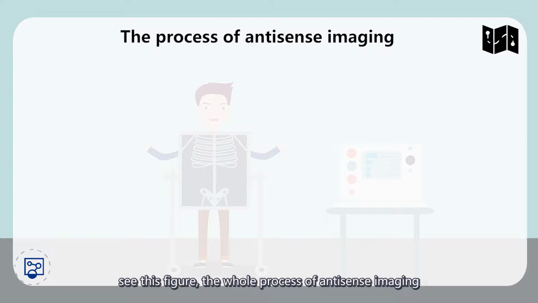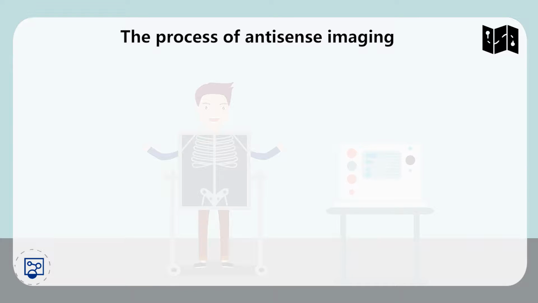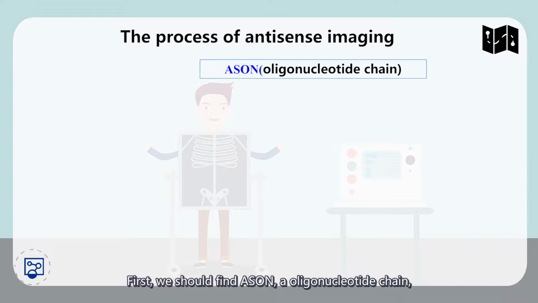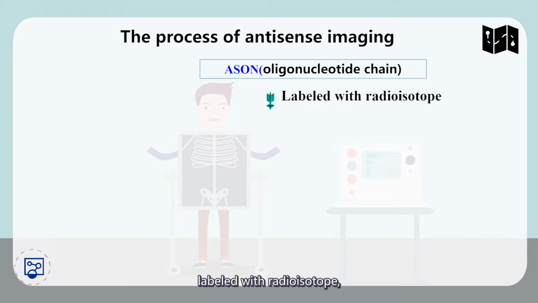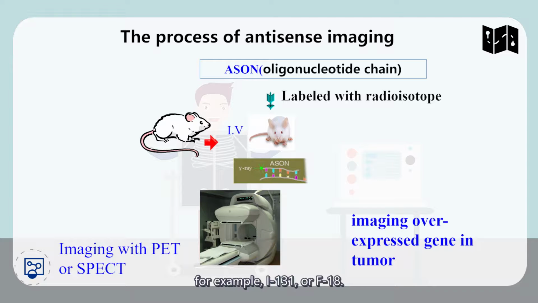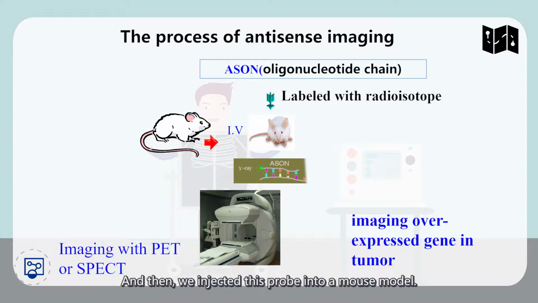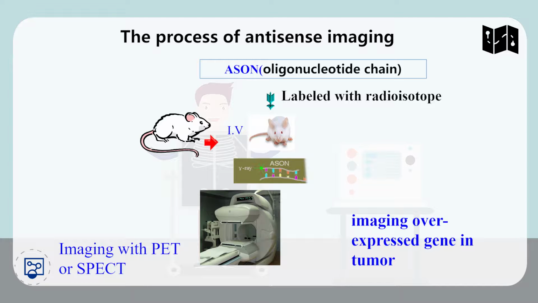See this picture, the whole process of antisense imaging. First, we should find ASON, the oligonucleotide chain. Label it with radioisotope, for example, iodine 131 or F18. And then we inject this probe into the mouse model. This model carries a tumor.